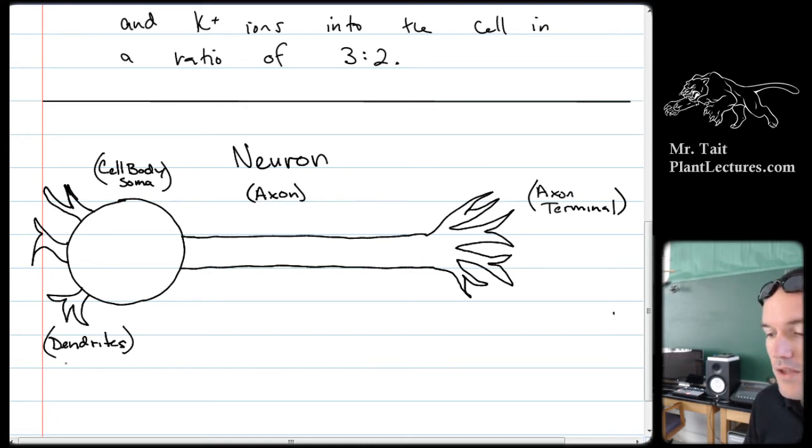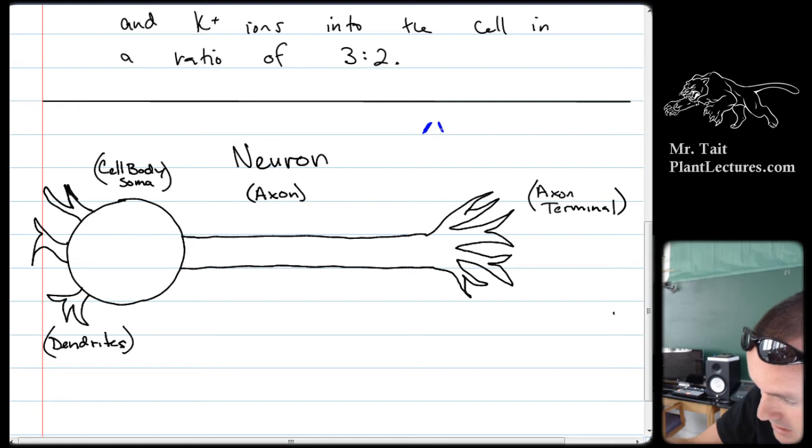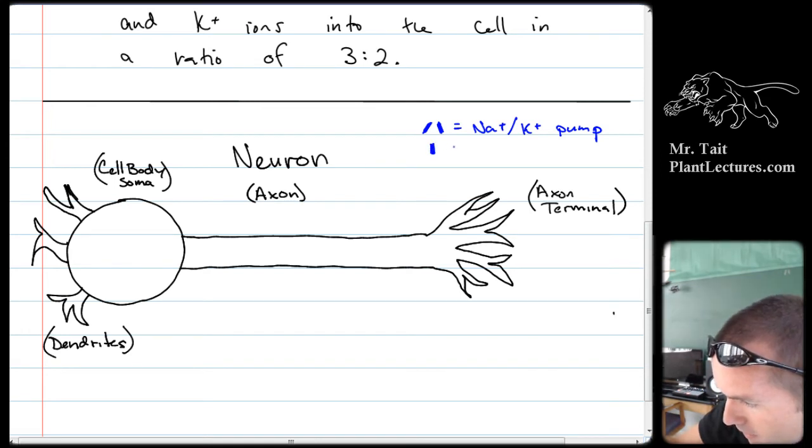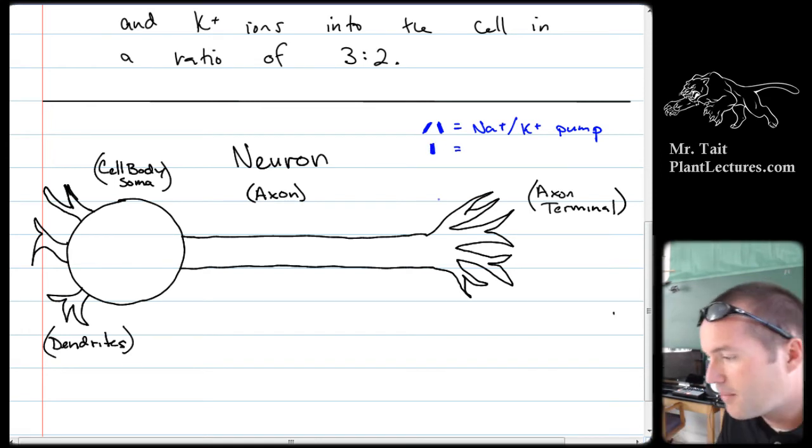All along the axon, there are going to be a couple of things. There are sodium-potassium pumps, which I'm going to denote as something that looks like this. That's an Na+ K+ pump. Then there's something that looks straight up and down like that.